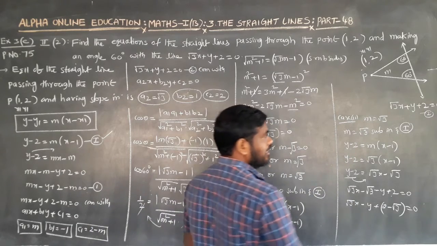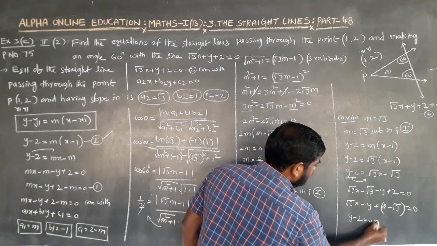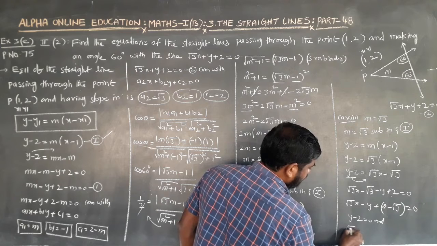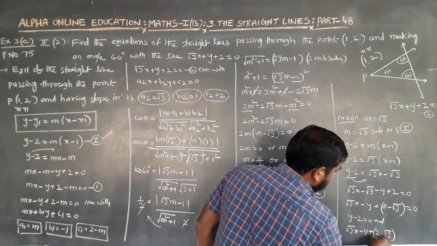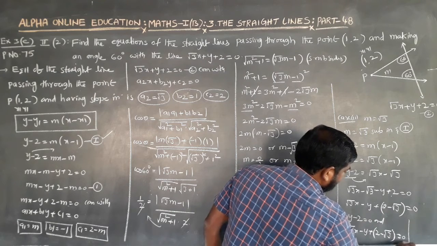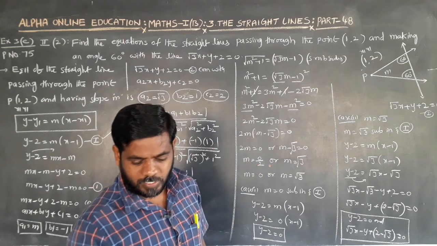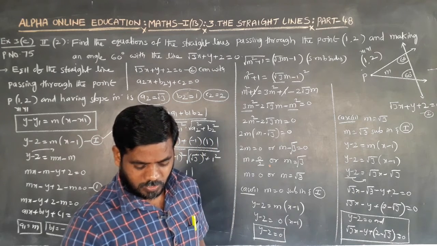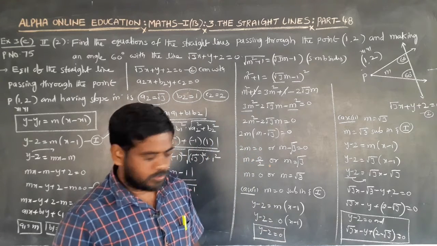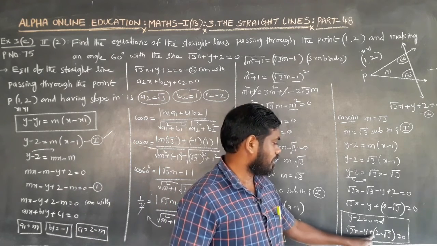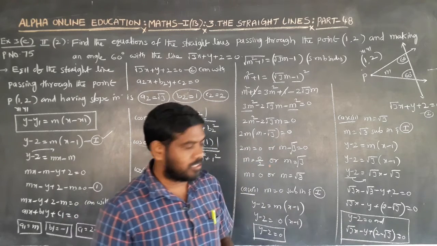Therefore, the required equations of the lines are y minus 2 is equal to 0 and root 3 x minus y plus 2 minus root 3 is equal to 0. This is the answer.